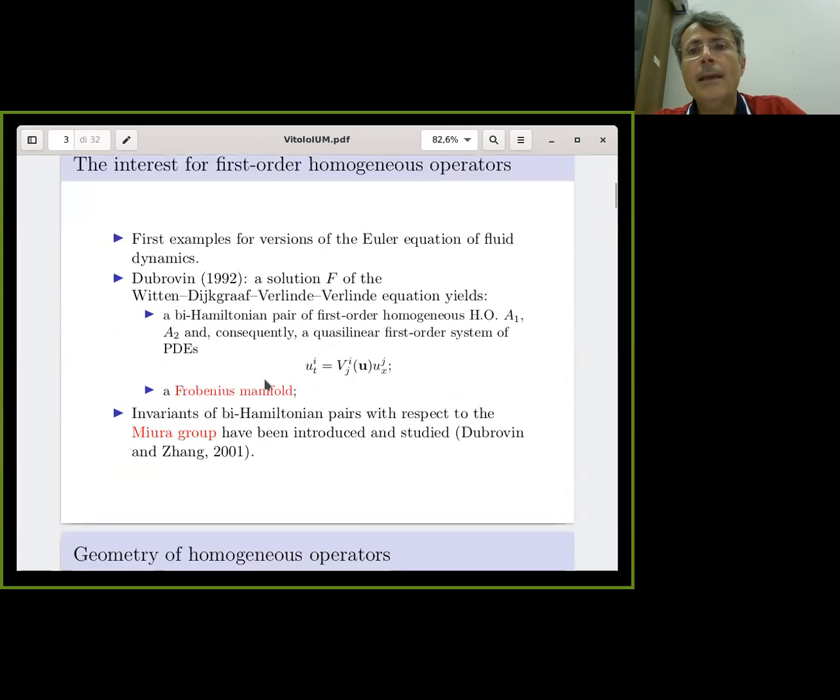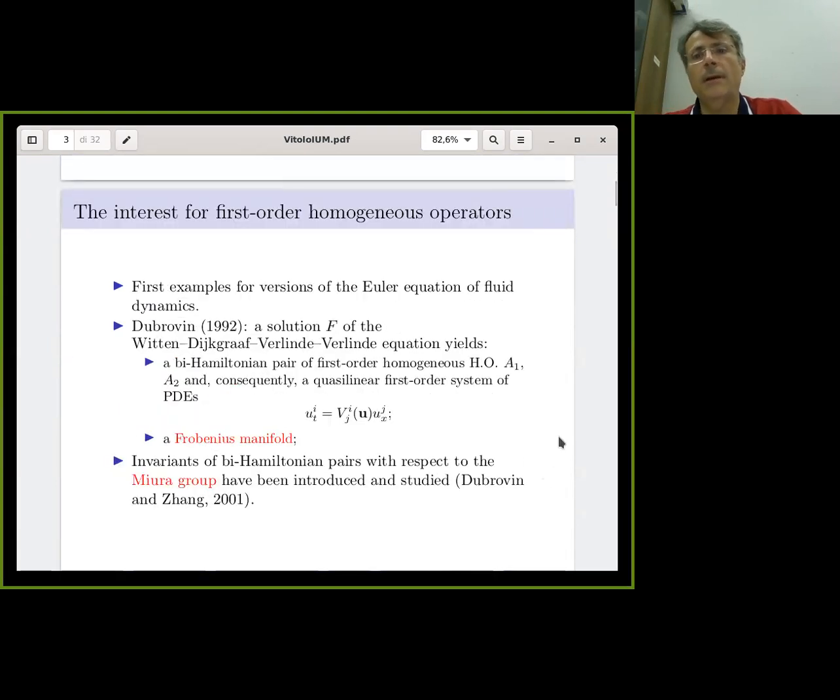Okay, so why are these operators so interesting? Well, for several reasons. The most important reason is that they happen in many cases in pairs, and as Dubrovin proved, plenty of operators of this type can be obtained using solutions of a partial differential equation system coming from topological field theory, which was first written down by Witten, Dijkgraaf, Verlinde and Verlinde. These Verlindes are twins.